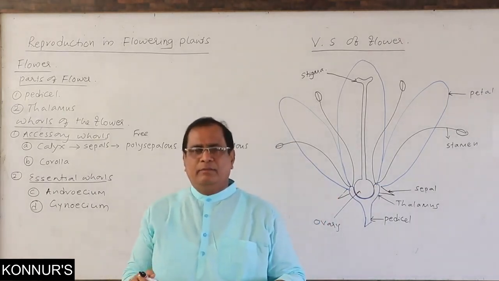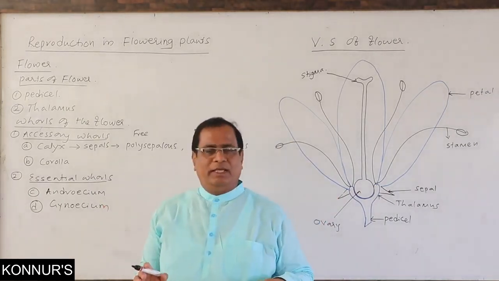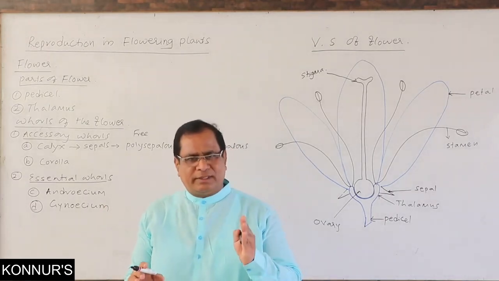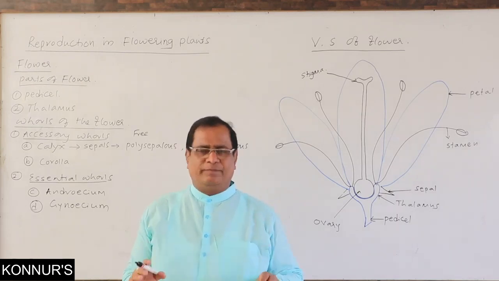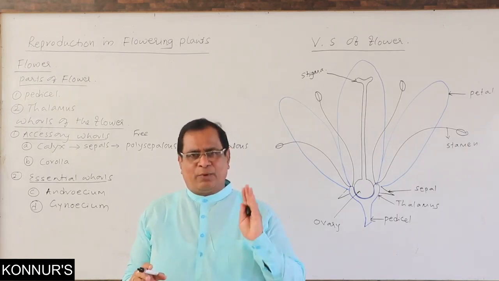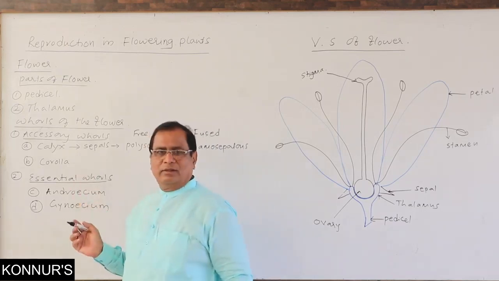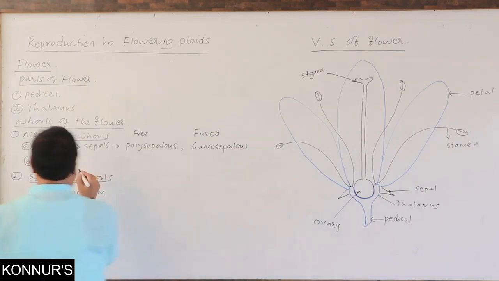And usually the calyx is green in color and mainly meant for photosynthesis and protection. Photosynthesis and protection. That's all. And the next accessory whorl is corolla.